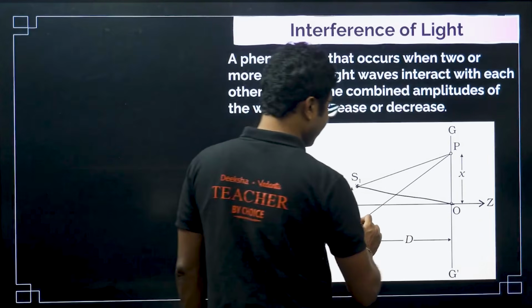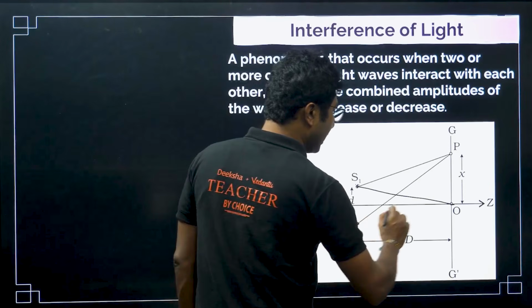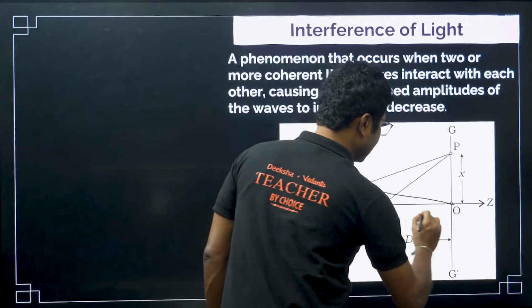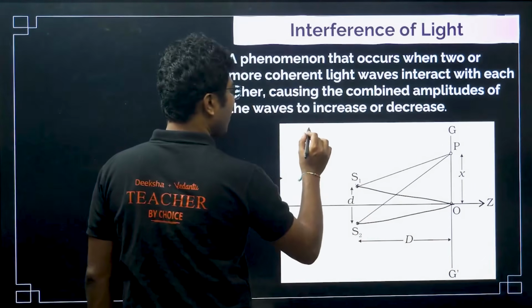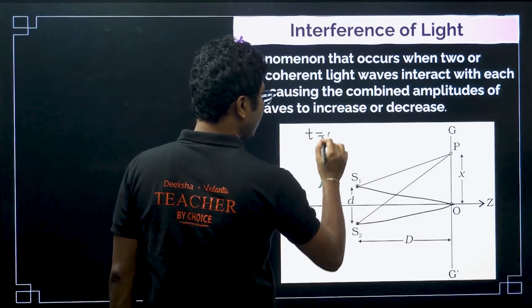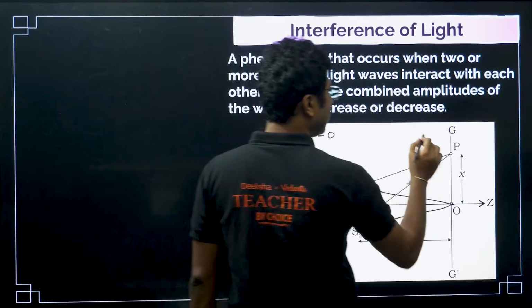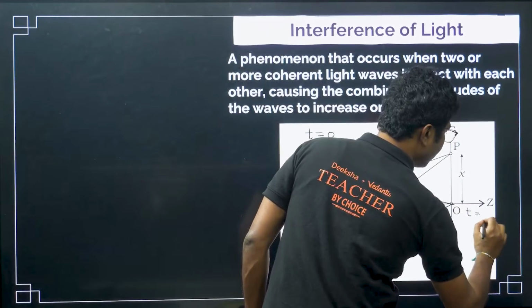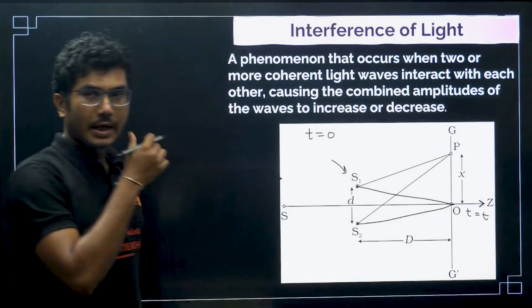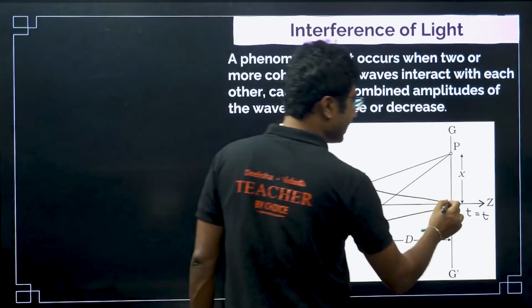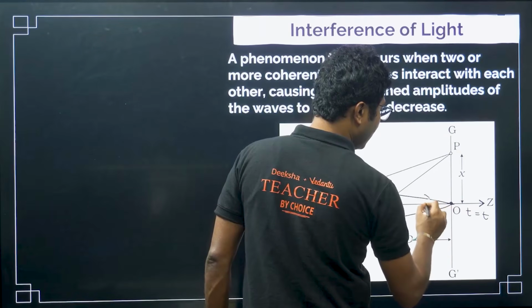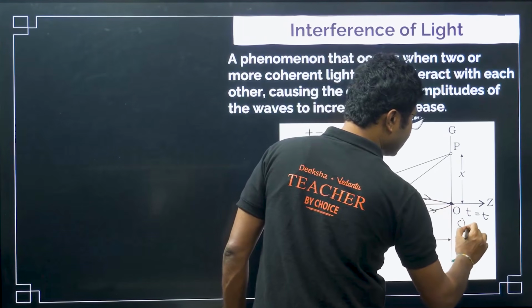Similarly, the light ray starting from S2 will also reach O at the same time. So, at t equals 0 both were here, and at t equals t both lights are there. So, for this particular point the phase difference is 0.